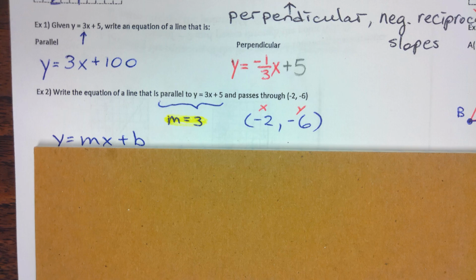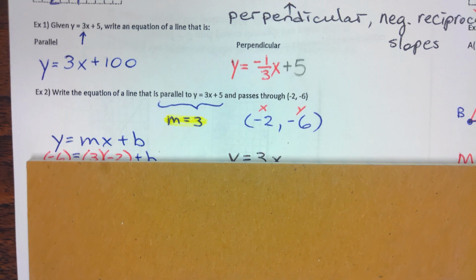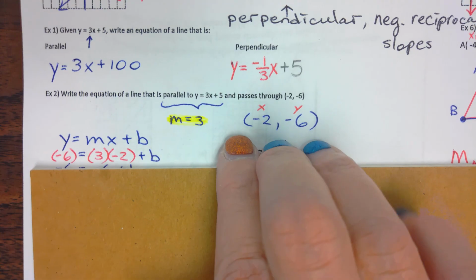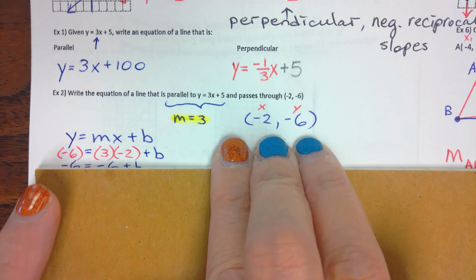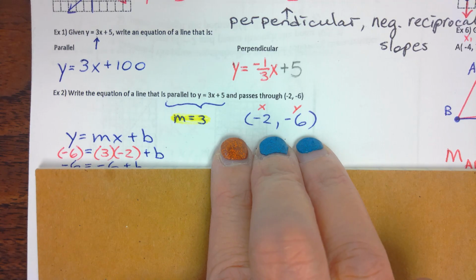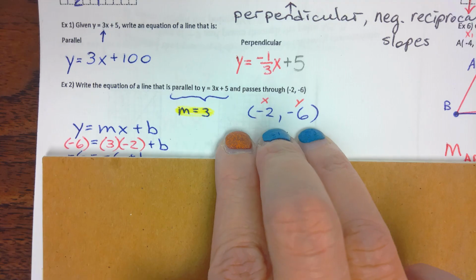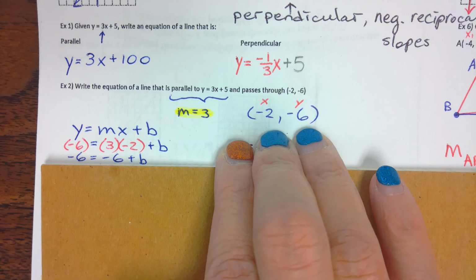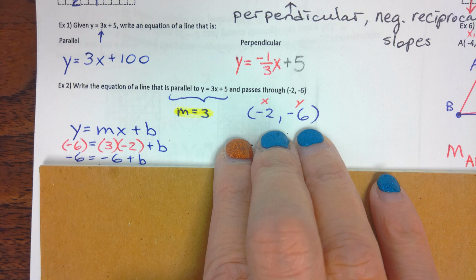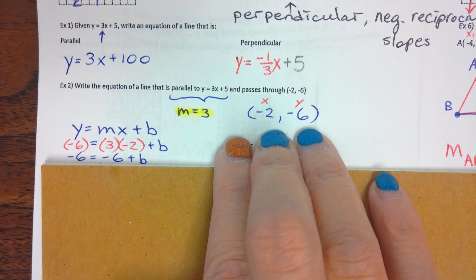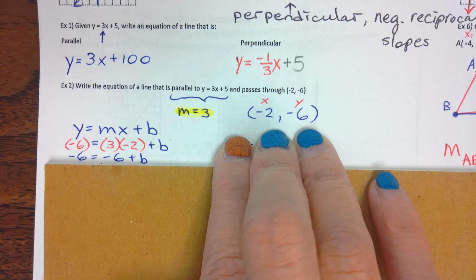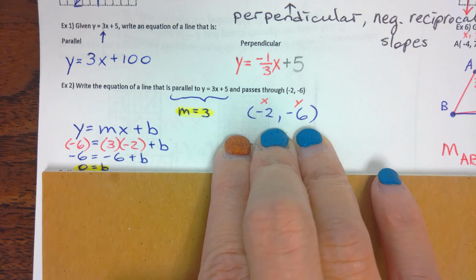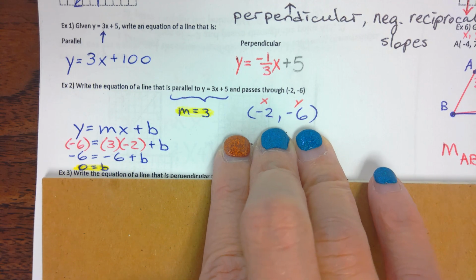We need to find the y-intercept, so we are gonna substitute those values into y equals mx plus b. Right, so your y is negative 6, your m is 3, your x is negative 2, right? And we try to solve for b. Right, so what does b equal? Let's see, Catherine. Negative 6 equals negative 6 plus b, so b equals 0. Yes, I think we all heard that.